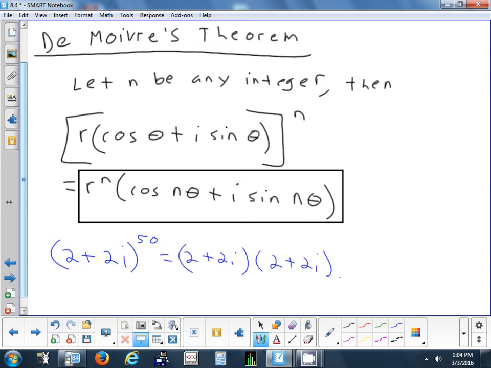How many times? 50 times. And then I would have to FOIL everything together. Now, there'd be a lot of repeats. You'd have 2 plus 2i, and another 2 plus 2i, and another 2 plus 2i. So you might be able to FOIL the first two, and then use that answer a few times. But still, it's going to be a lot of work.